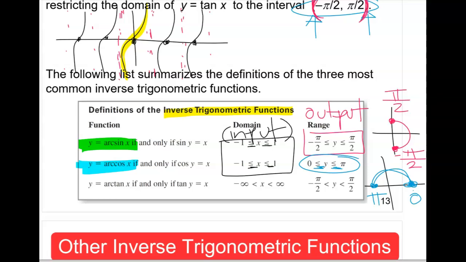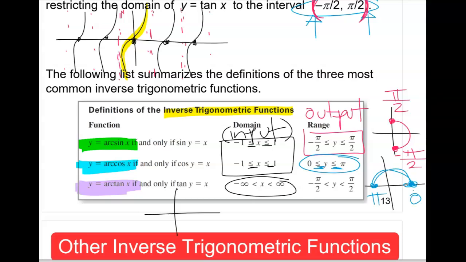Now, finally, for the inverse of tangent, or tangent inverse, or arctan, our input, first of all, is very nice because it could be any real number. It doesn't have to be between -1 and 1. The way we restricted the domain of the original tangent is what gives us the output for the arctangent.